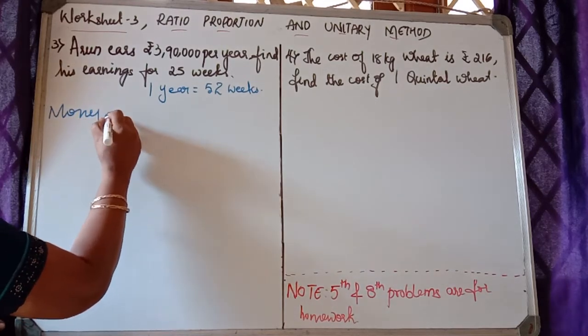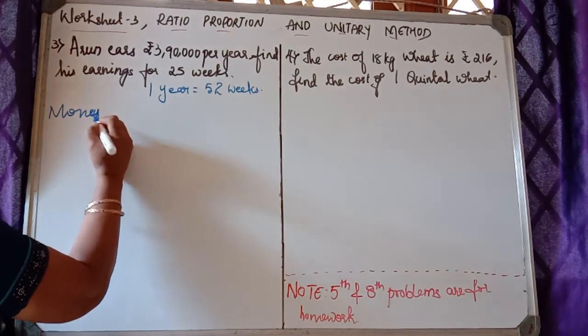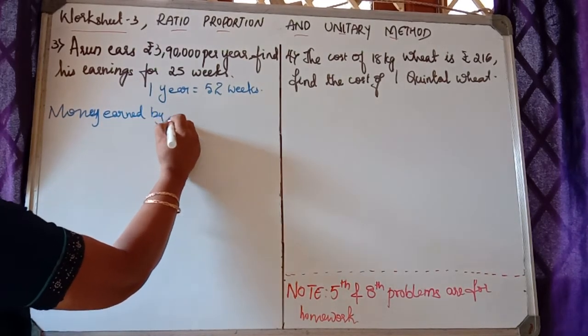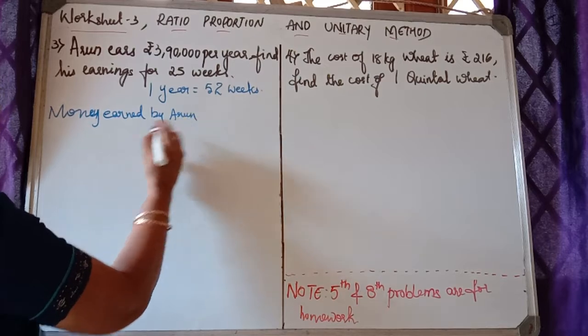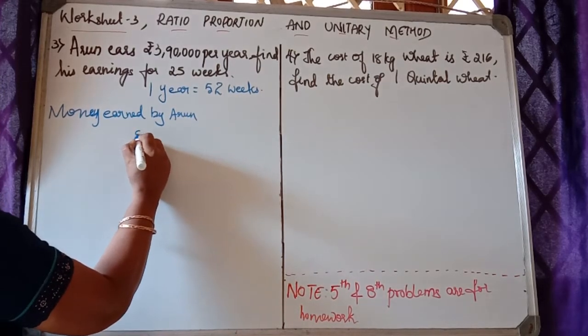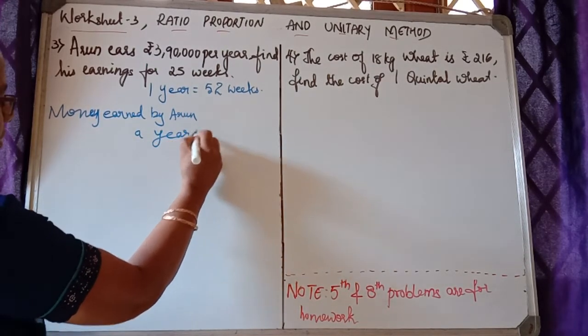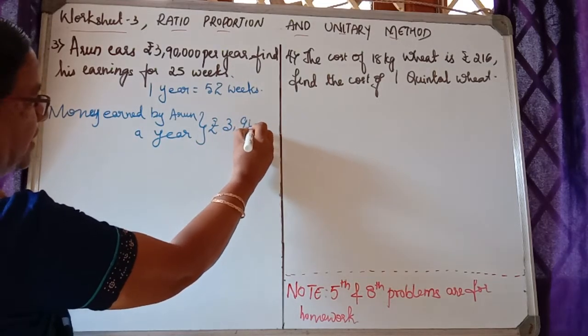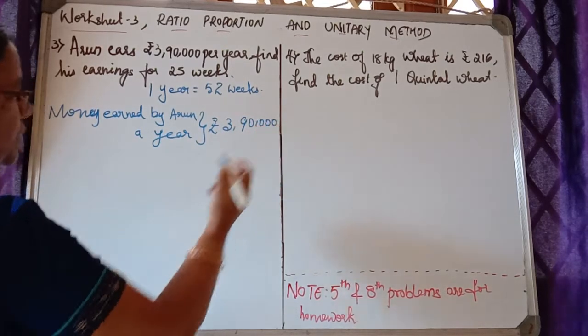Money earned by Arun per year is rupees 3,90,000.